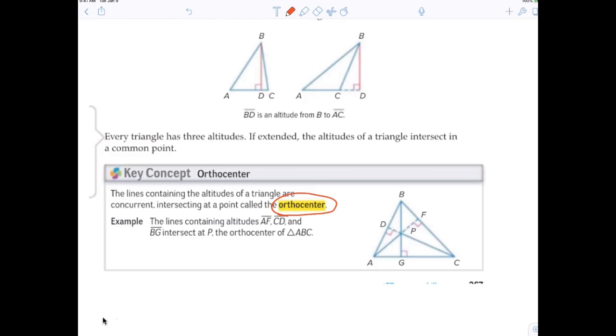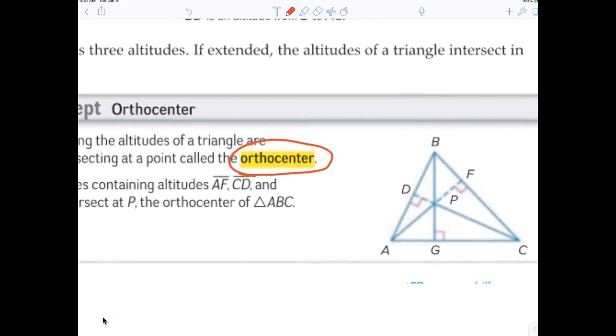And I haven't found much information on the significance of the orthocenter. All right, so the easiest way for me to remember orthocenter was ortho means perpendicular. All right, and perpendicular has to do with the height or the altitude. All right, so again, nothing exceptional there.